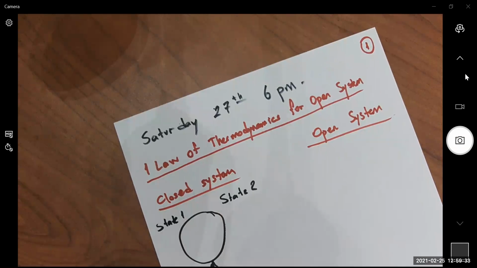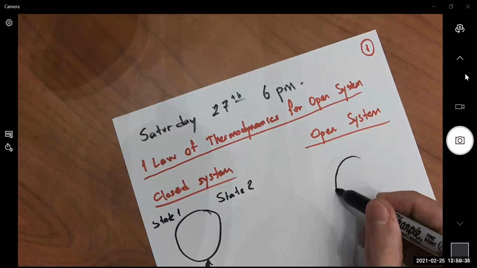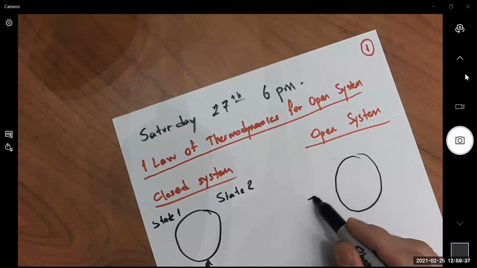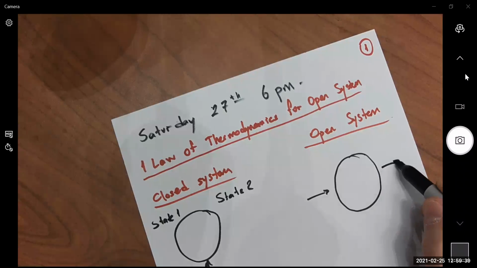Right? And in the open system, we have inlet and outlet.